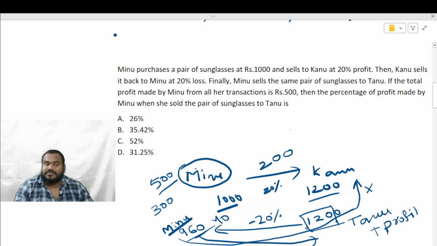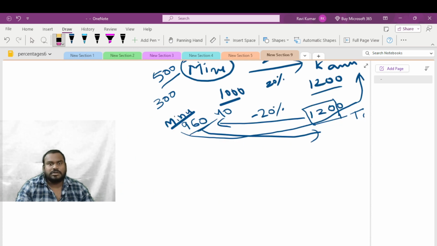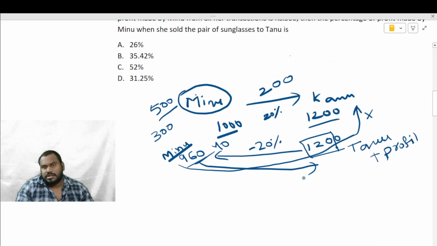And here, tell me how much amount, try to guess and comment in the comment box. It should be 1260 rupees. So the amount for which she has to sell is 1260.